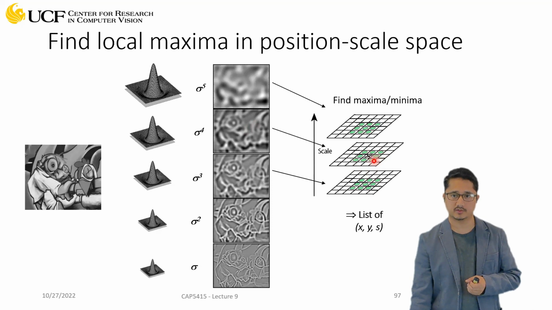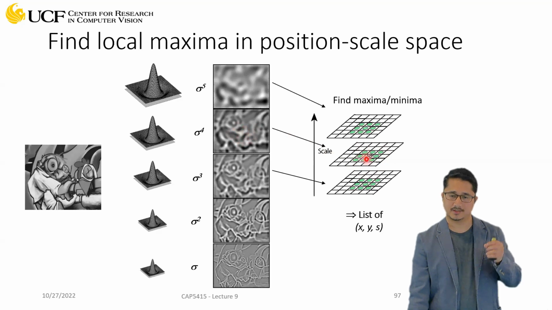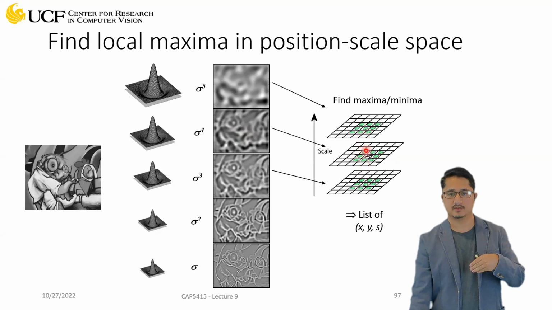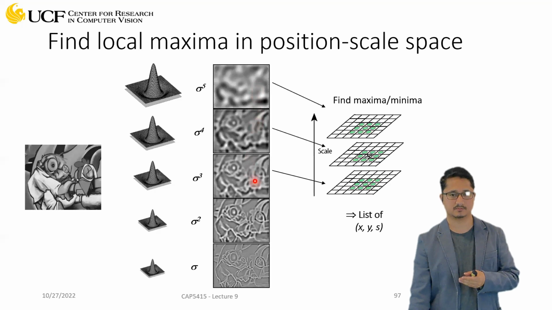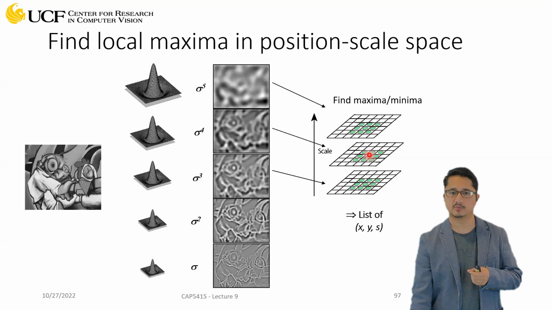While we do so, we look at the neighbors in the current scale, exactly this heat map. In addition to that, we also look into the other scales: the scale greater than this one, and the scale less than this one. These are the neighboring pixels, the green ones, and this one is coming from the 5th scale. These are all the neighbors of this pixel. Similarly, you'll have neighbors for all the pixels in all these 4 or 5 heat maps.